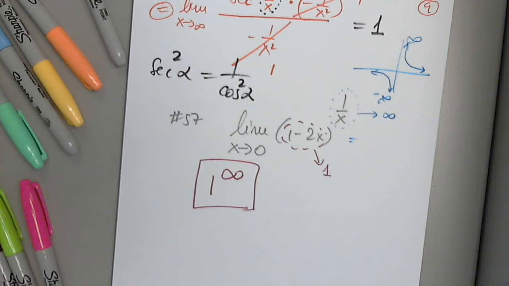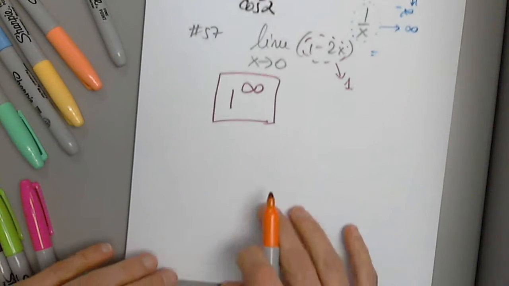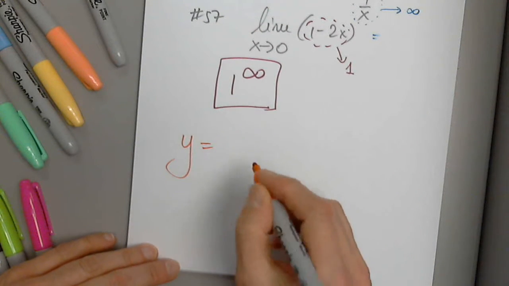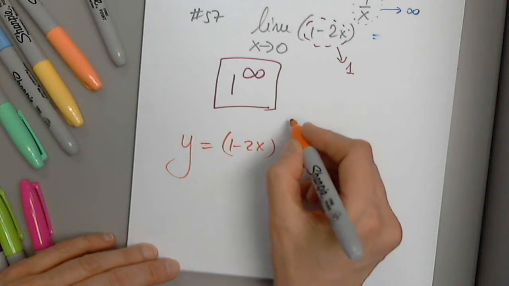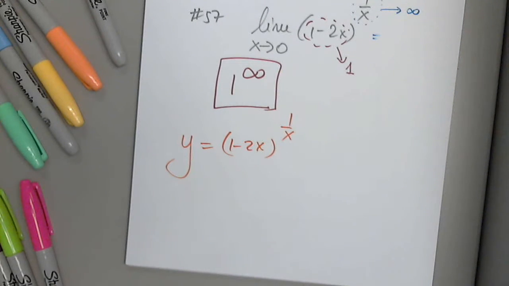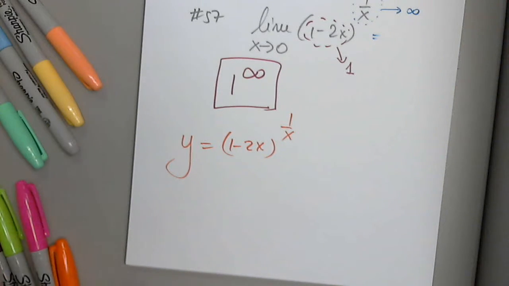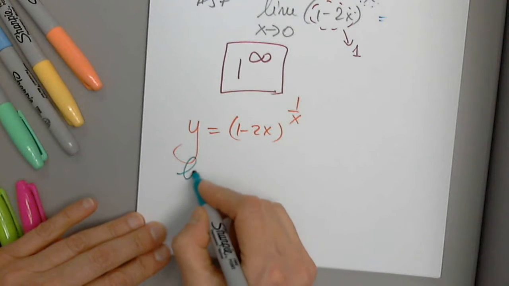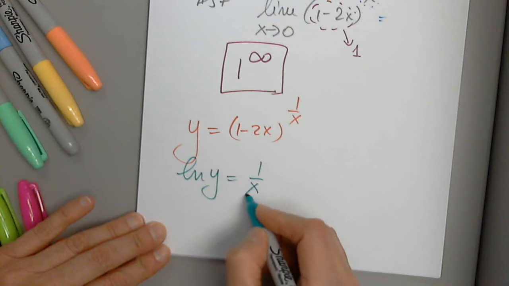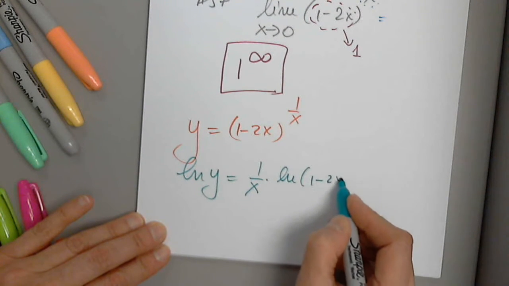Yes. We're back to the same thing. Because it's a function raised to a function. So I will have to denote by y 1 minus 2x raised to 1 over x. Have no choice. Okay, now what do we do next again? Excellent. 1 over x times natural log of 1 minus 2x.